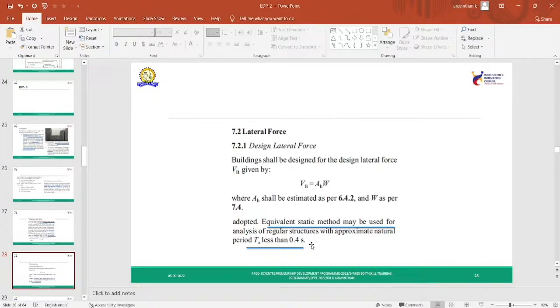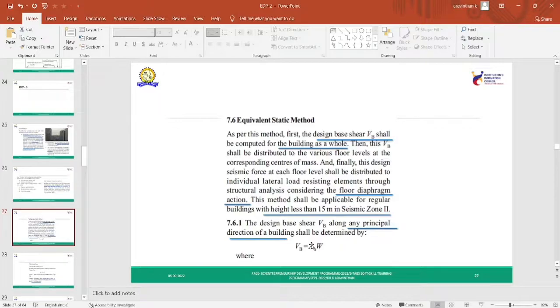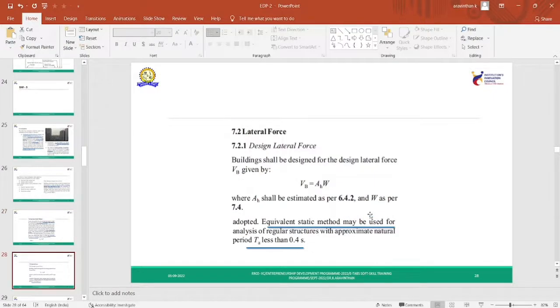That is, TA, the time period, should be less than 0.4 s in dynamic phenomena. So at this point, it has been straight away given that if your structure is 15-meter height in seismic zone 2, you can use that. But here it has been mentioned that your fundamental natural period should be less than 0.4 seconds in order to apply this method.